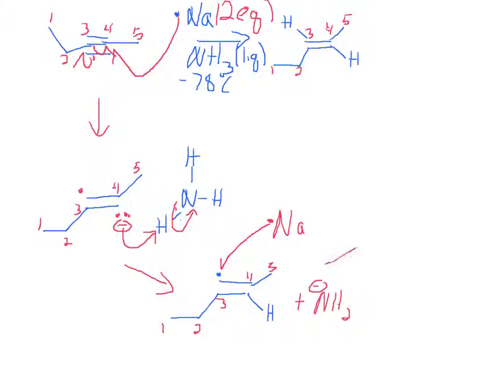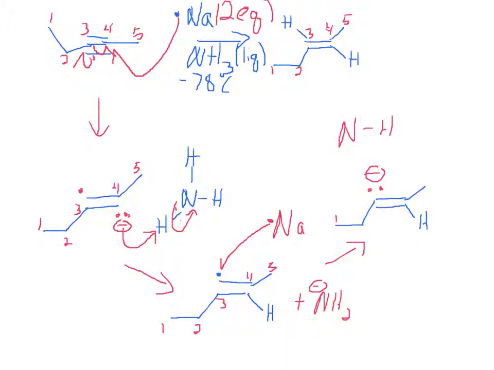Now carbon 3 has 2 electrons and a negative charge, and NH3 was our solvent, so there's a lot of solvent around.